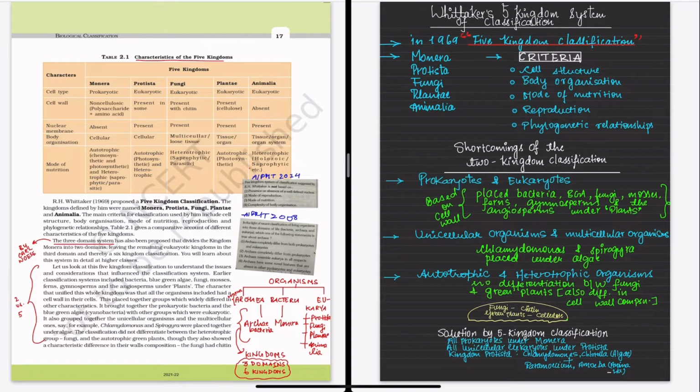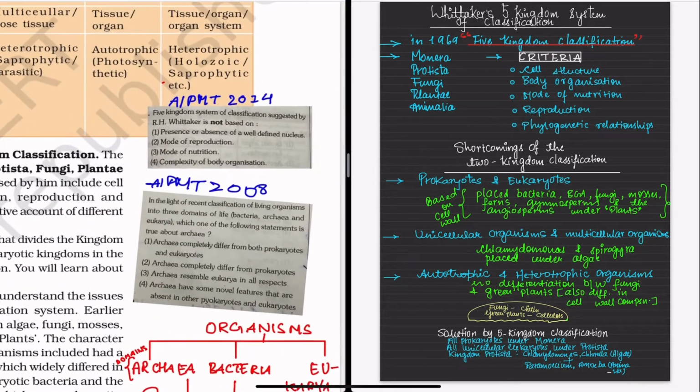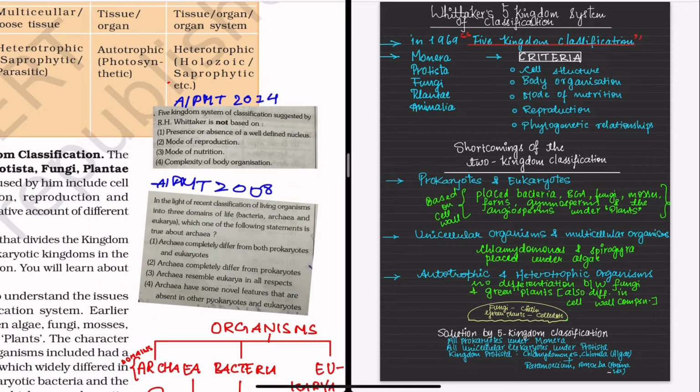We are not including all the previous year questions, because the biological classification chapter is a vast one and it has a myriad number of questions. The possibilities of questions are infinite, and in previous years too many questions were asked from this chapter.